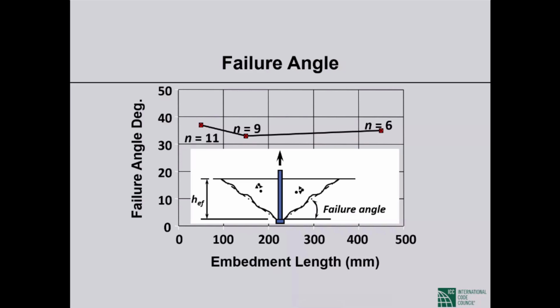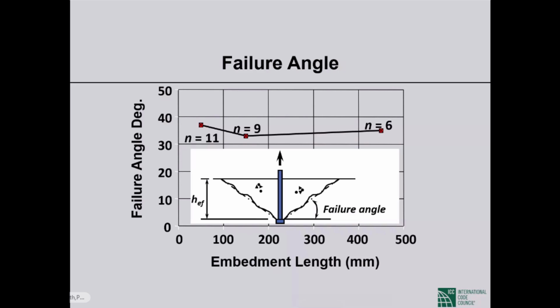We postulated back then that the chunk of concrete that comes out with the anchor is in the shape of a cone and that the failure angle is 45 degrees. If you had a group of anchors, you had to deal with intersecting cones, which was a pain. Anybody who has done anchor design by the old method would readily agree with me that it was pretty painful.